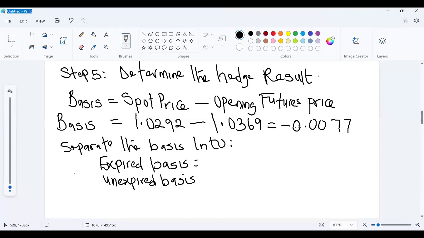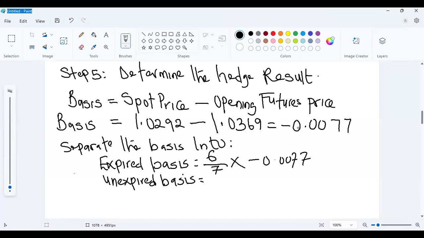To calculate the first 6 months, 6/7 multiplied by negative 0.0077 will give me the expired basis.